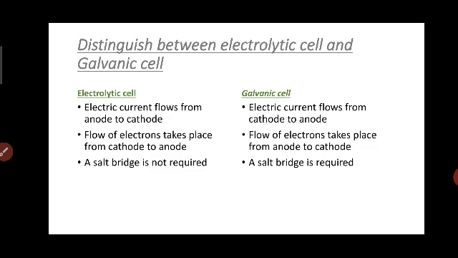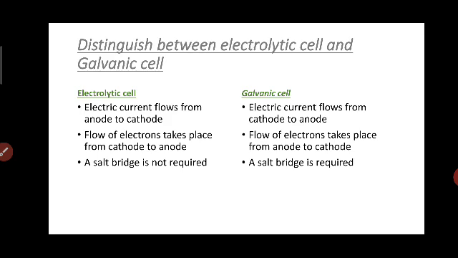In the electrolytic cell, electric current flows from anode to cathode. So when you observe the construction, first of all observe whether electrons are moving from anode to cathode or cathode to anode.